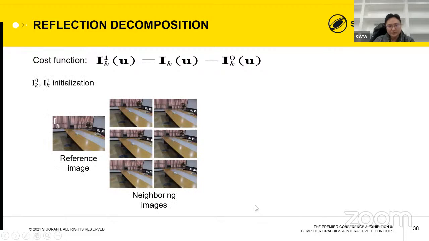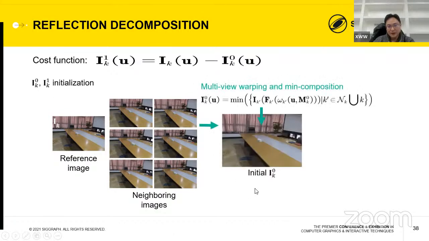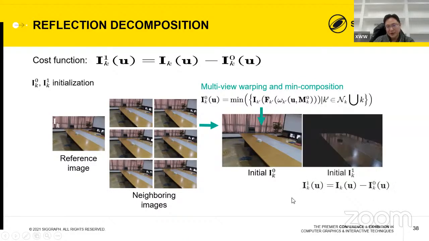With these two layer meshes, we can warp the images between the different views to obtain the initialization of I_k0 and I_k1. It is the multi-view warping. We use the mean composition to obtain the initialized I_k0, the initialized surface diffuse image, and we directly subtract the diffuse image from the original image to obtain the initialized reflection image I_k1.